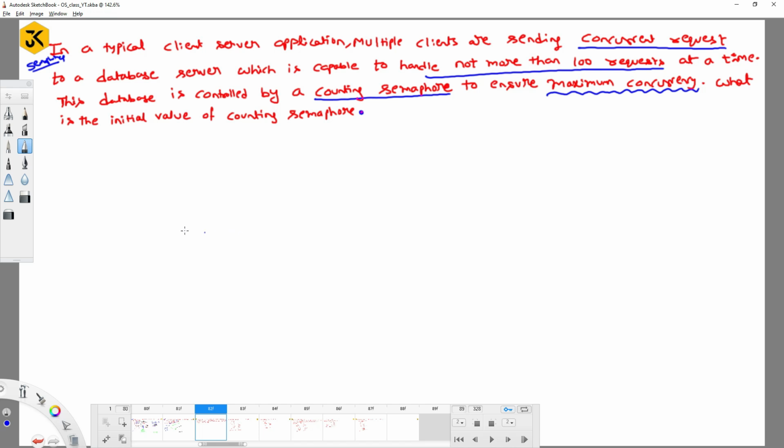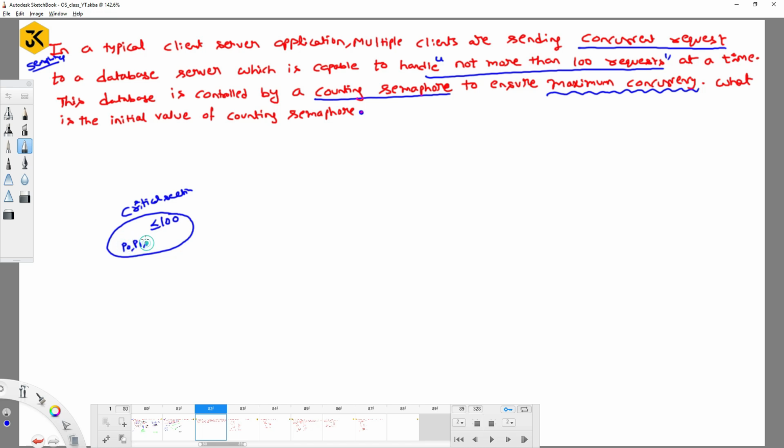So guys, if you look at the second line of the question, not more than 100 requests, which means it is capable of handling less than or equal to 100 requests. If you think of it as a kind of critical section, this critical section contains a maximum of how many processes?